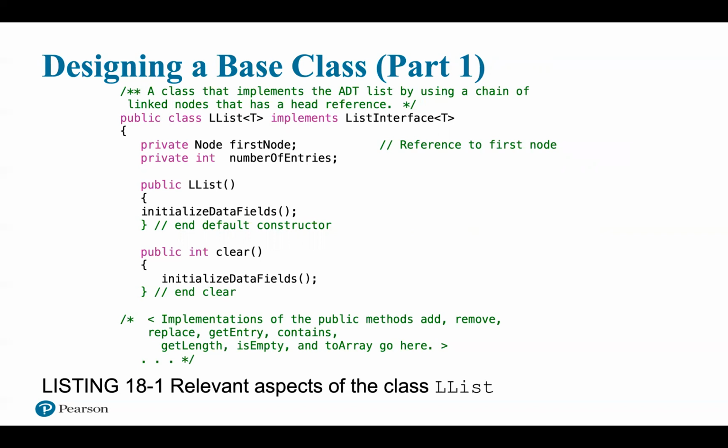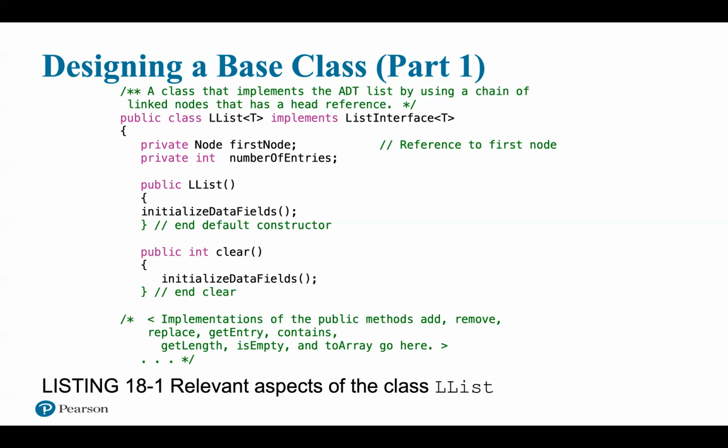Like most classes, LList has data fields that are private. The client cannot access these fields directly by name. The class designer must decide whether to provide public methods that give the client indirect access to the data fields. In the case of LList, the public method getLength enables the client to get the length of the list.